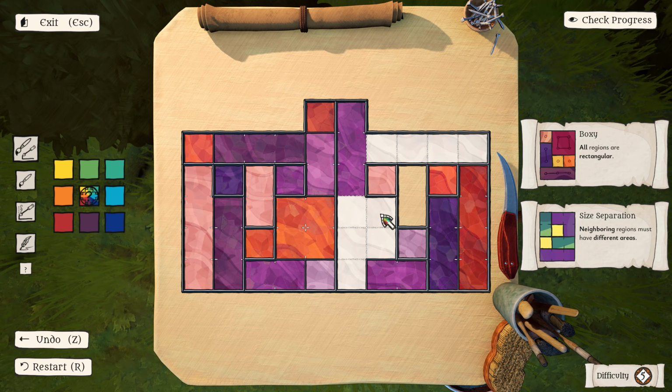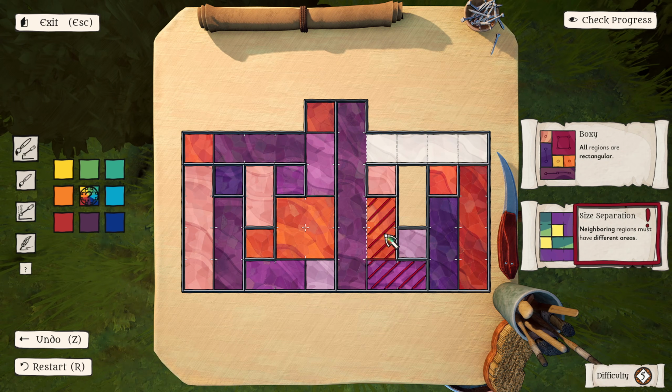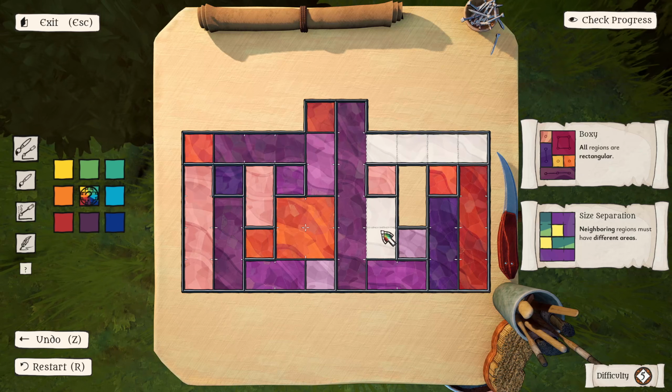How do I do this? If this can't be a 3 or a 1, has to be a 2. You can't be a 1, can't be a 2. That doesn't work for that. It's just this that doesn't work.